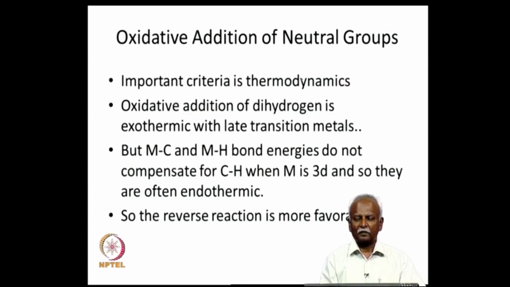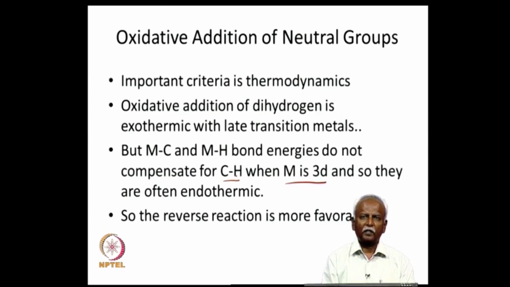If the metal is a 3d element, then the metal-carbon and metal-hydrogen bond energies are not sufficient to compensate for the bond that is broken, which is a CH or an SiH bond. So, very often they turn out to be an endothermic reaction, and it is only possible to push it to one side by the addition of a third molecule, which might in fact compensate for this loss in energy of the CH bond.